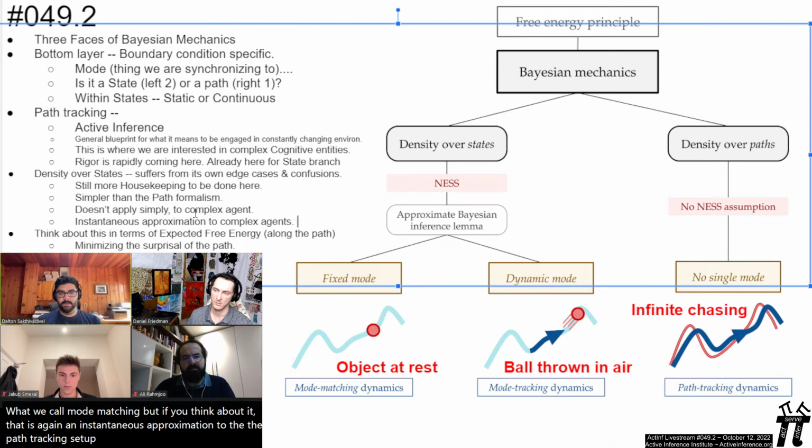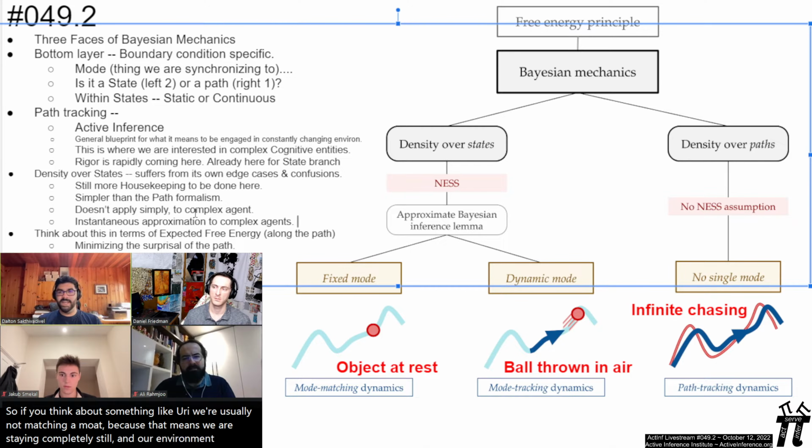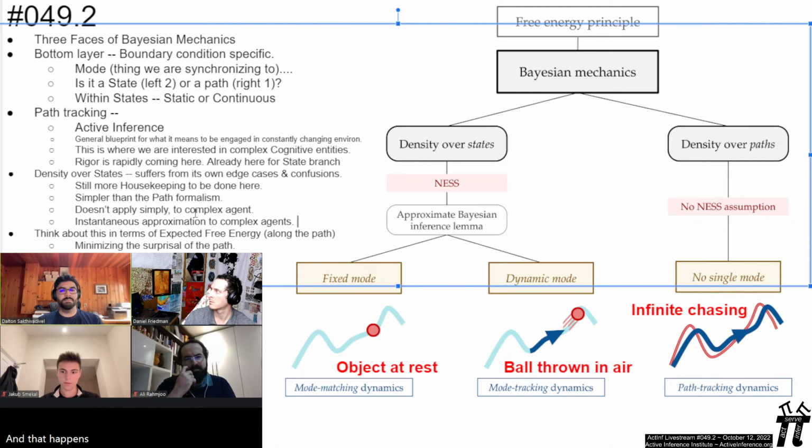So if you think about something like you or I, we're usually not matching a mode, because that means we are staying completely still and our environment is staying completely still. And that happens mostly at death, which is something that we can talk about. We can talk about a system at total rest.